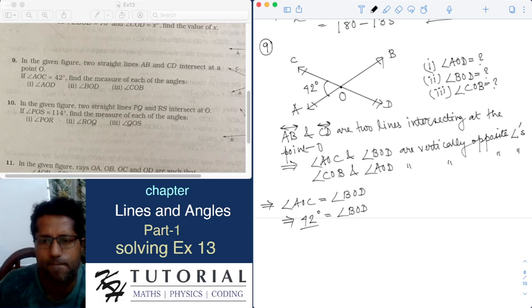So this angle we have found to be 42 degree.